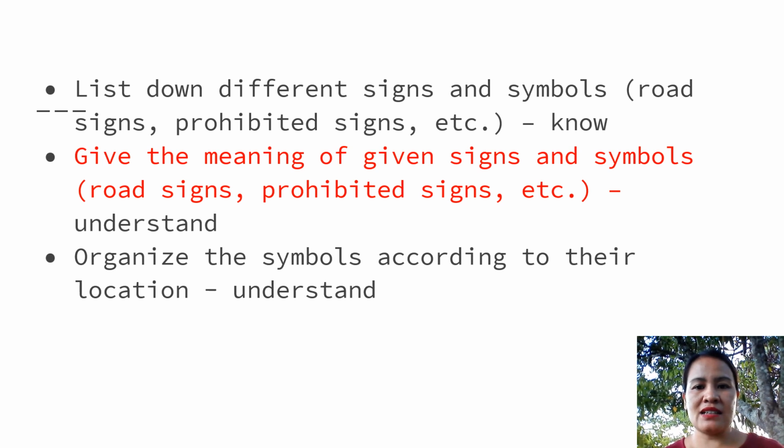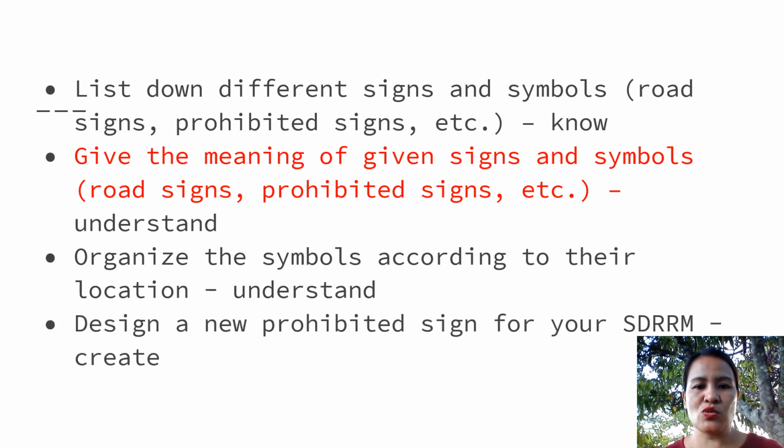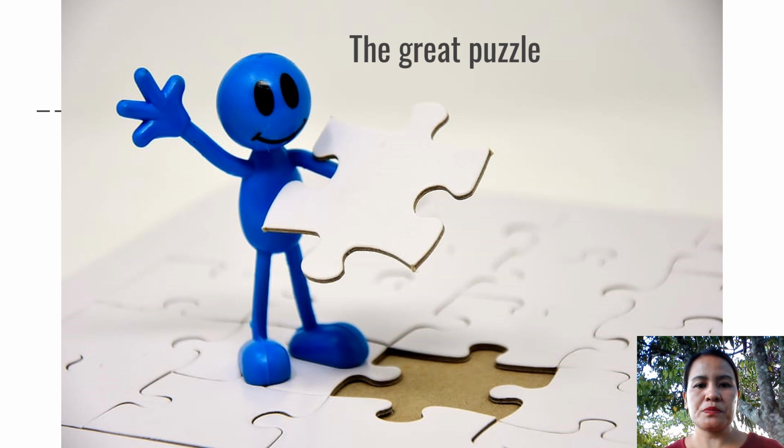That is understand. And the last one is design a new prohibited sign for your SDRRM. That is now the do, the D. The KUD is evident in these four objectives. We have the know, the understand, and the do.